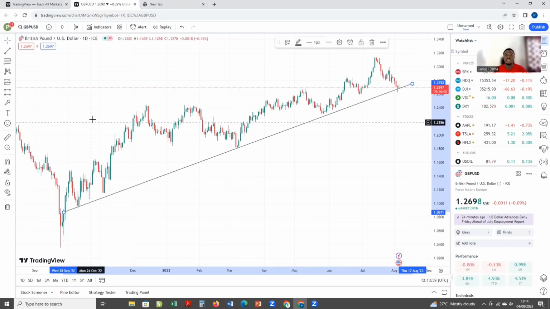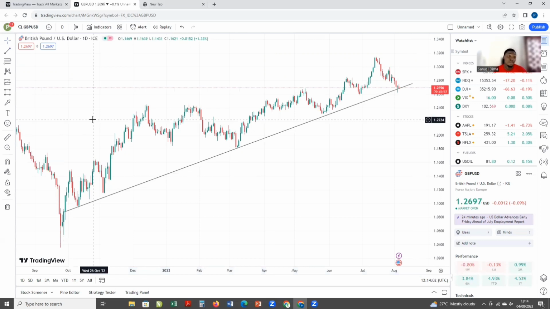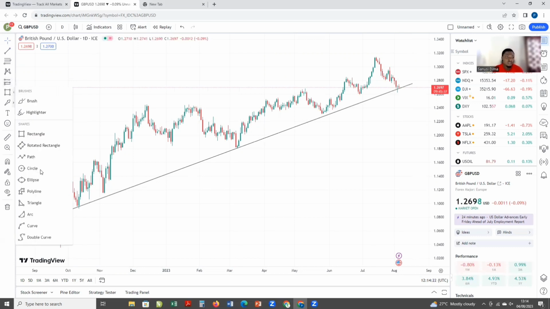What I'm seeing in this market is an uptrend already, and we have our points, which is this.